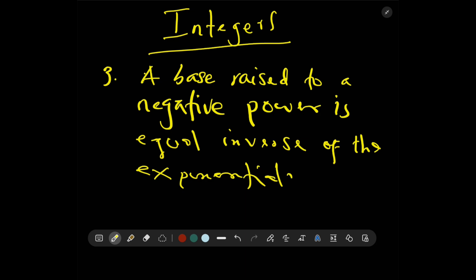So a base raised to a negative power is equal to the inverse of the exponential.